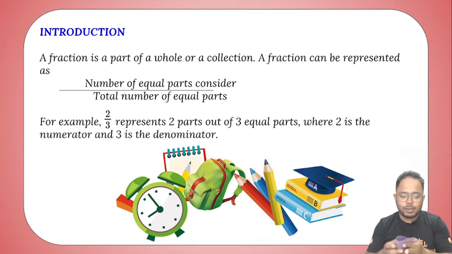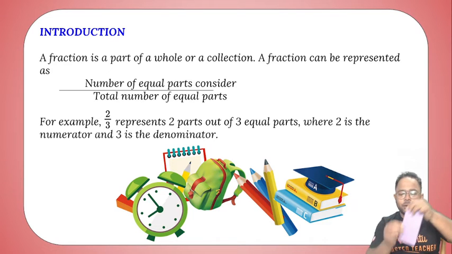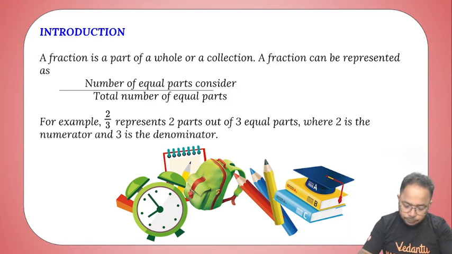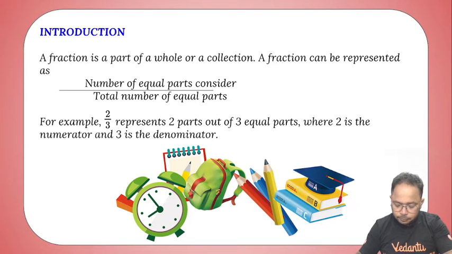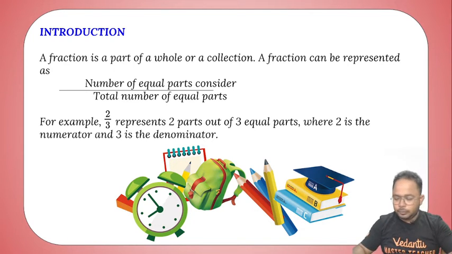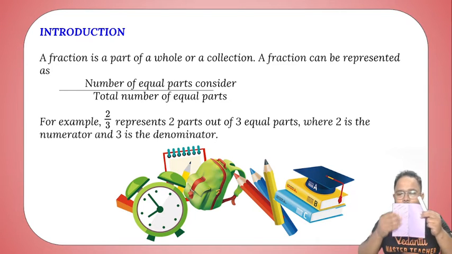Now let's say I require only half of it. So what I will do is I will just fold it. I require only half of it. If I use this part, I have made some lines this side.